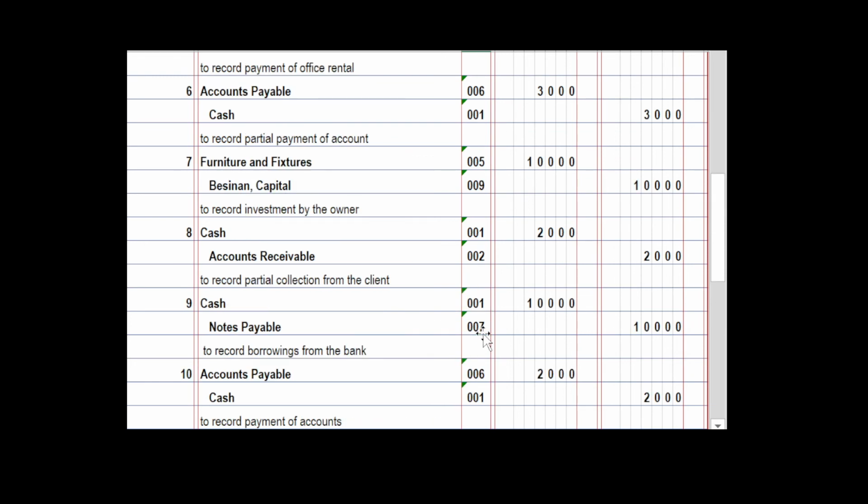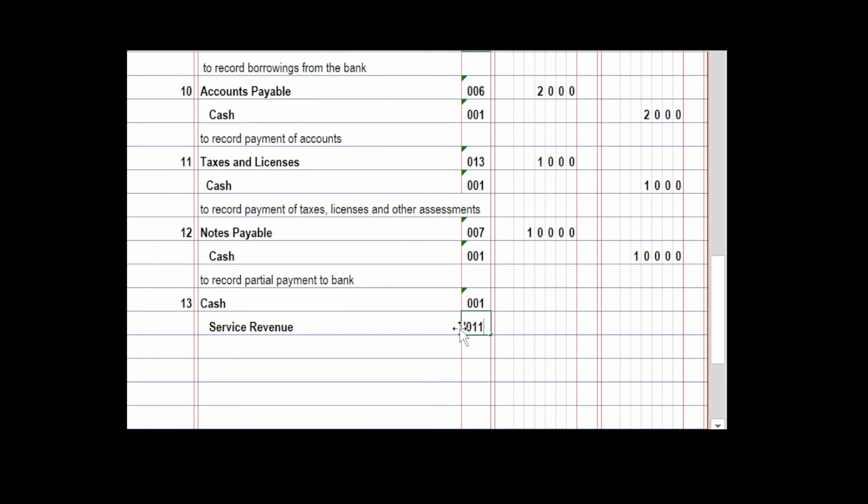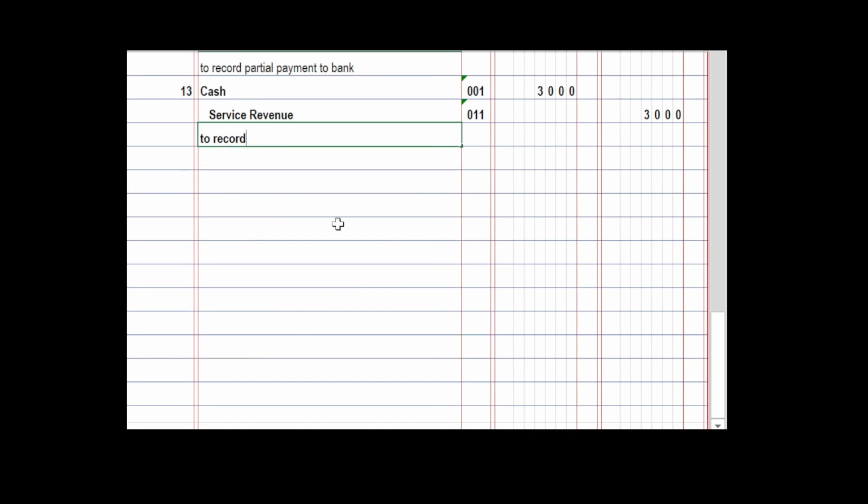And then, ano ba yun sa service revenue? 011. Yung amount is 3,000. To record receipt of cash for service rendered. Kayo na bahala, basta maintindihan lang ng nagbabasa.